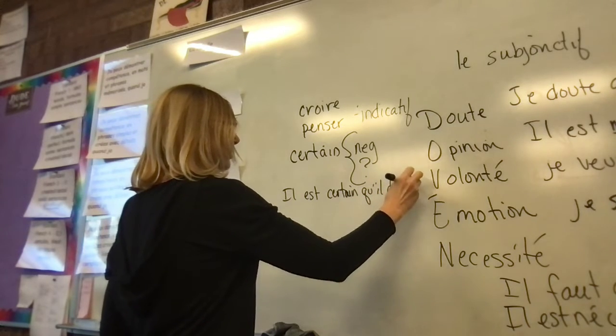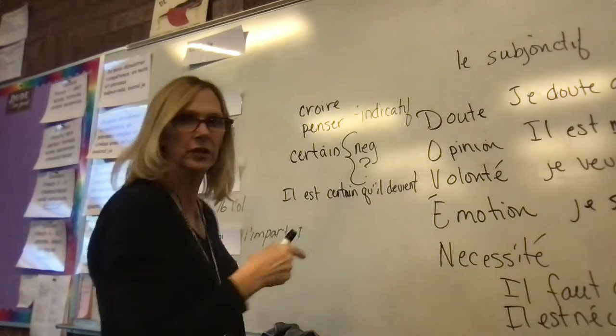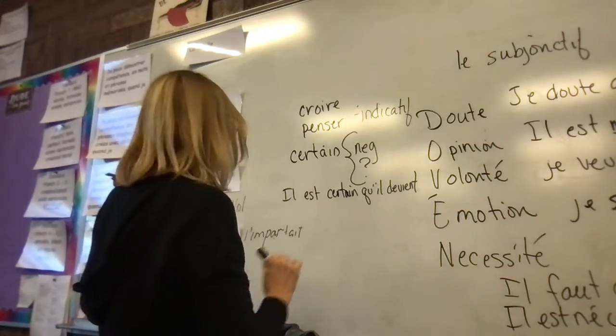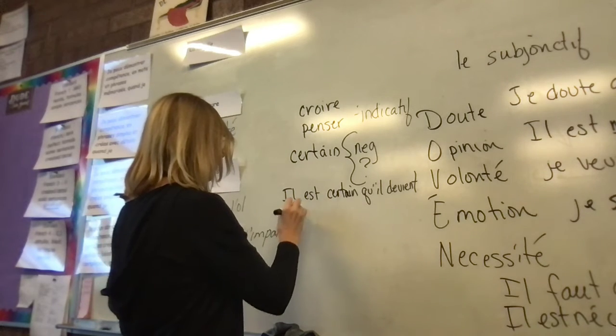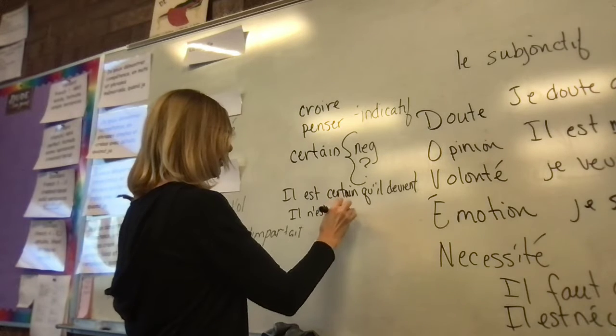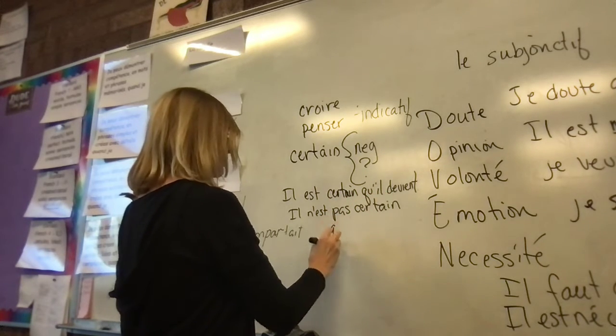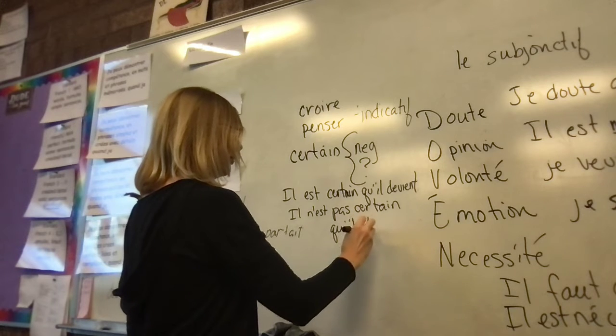It is certain that he is going to become, okay, the president. Okay, if you change this and make it negative, il n'est pas certain. See how suddenly it implies doubt. So, il n'est pas certain qu'il devienne.